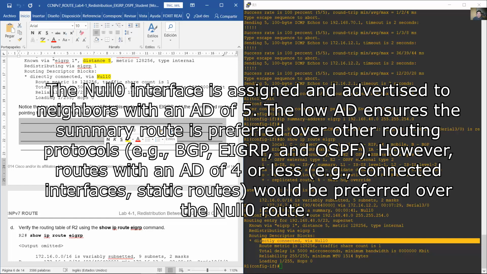The Null0 route is assigned an administrative distance of 5. The low administrative distance ensures the summary route is preferred over other routing protocols, BGP, EIGRP and OSPF. However, routes with an administrative distance of 4 or less, connected interfaces and static routes, would be preferred over the Null0 route.